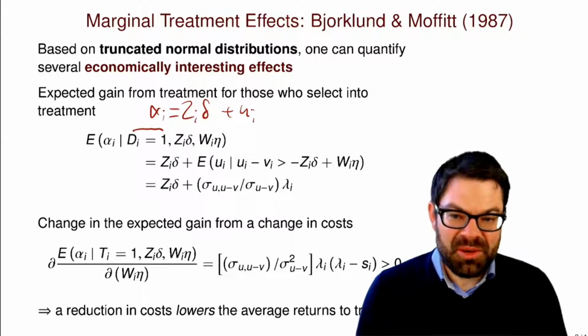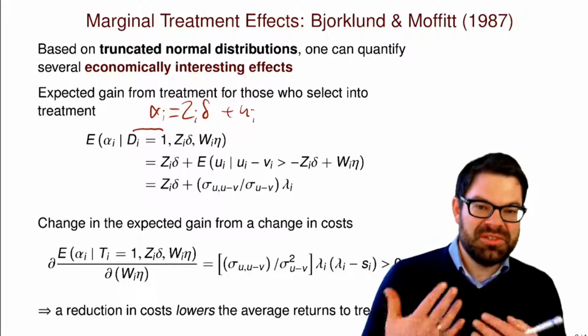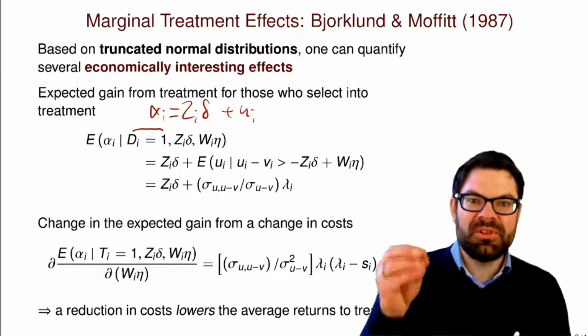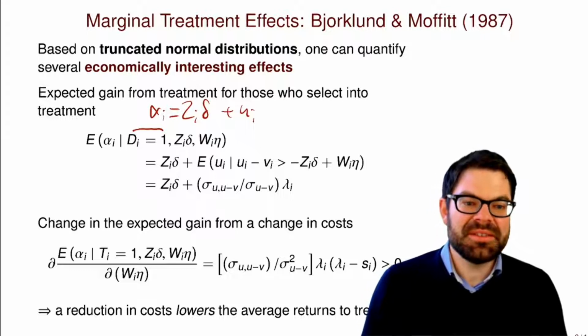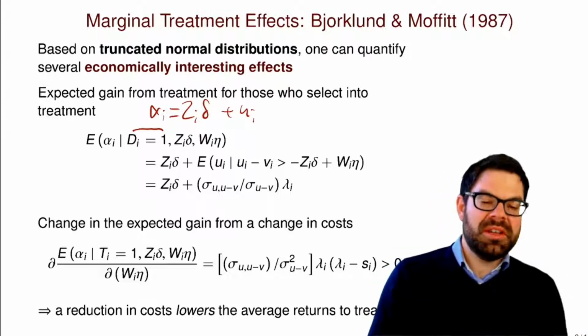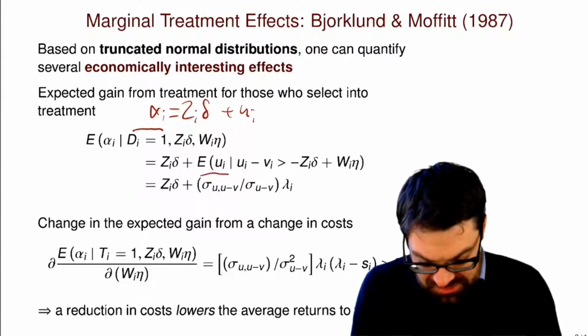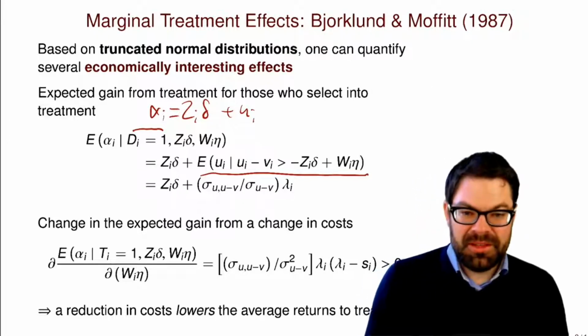That's obviously something I don't know just by looking at the data. I need to make some assumptions about that idiosyncratic component U. And I can do that simply by, again, using truncated normal distributions. That's what we have here.